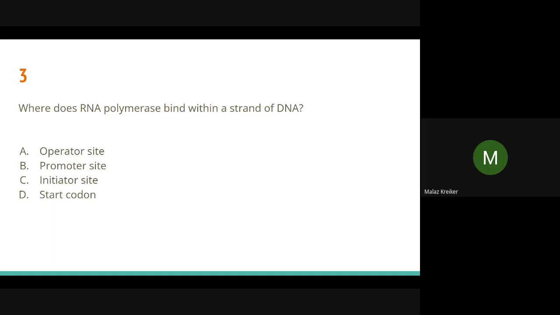The other question that I wanted to ask is, does anyone know the difference between an operon and an operator? Well, I just described operator, but the difference between operon and a promoter then. I can go ahead for that.